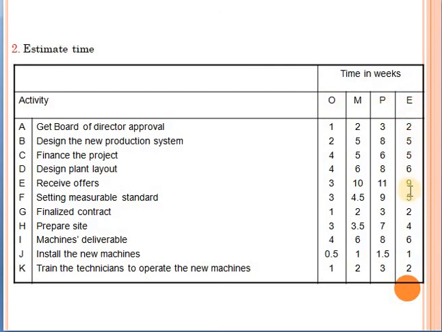Now I have a completion time of all the activities, taking into consideration those 3 situations, the optimistic, the pessimistic, and the most likely situation. And this is the method that we use in order to estimate the completion time of all the activities that I have in my project.